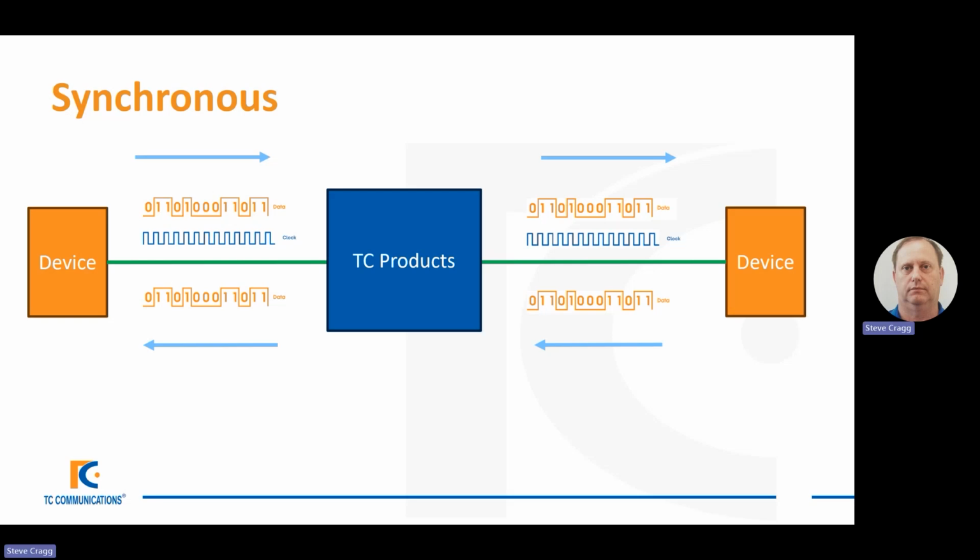The data going to the TC product and coming from it is synchronized with the clock on the left. Similarly, the data coming out of the TC product and going into the device on the right is synchronized with the clock on the right. Although the clock may well be passed through, it is possible that the clocks will be out of synchronization with each other, but they will be synchronous with the data itself, which means that the data being received will be received correctly every time.